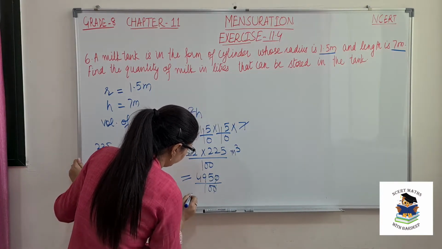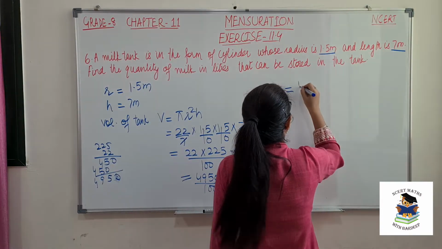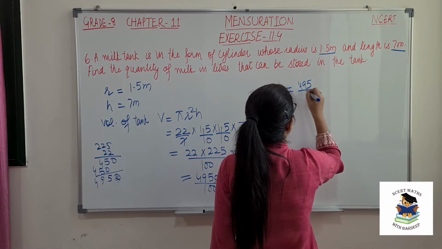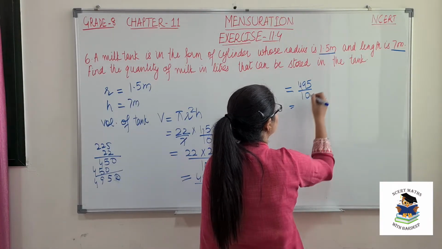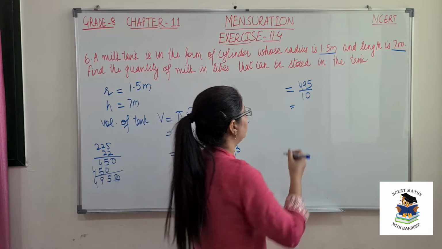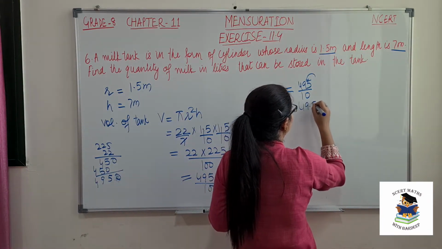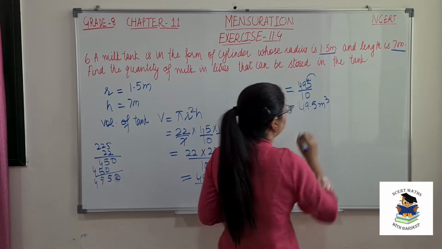So this and this will be cancelled. So we are left with 495 over 10. So 10 is there, so that means only one digit after decimal. So decimal will come here, 49.5 meter cube.